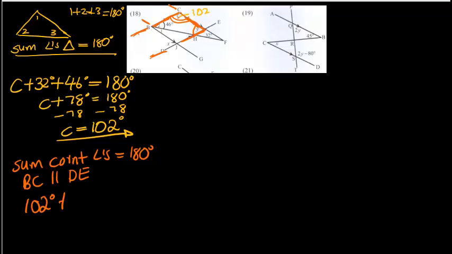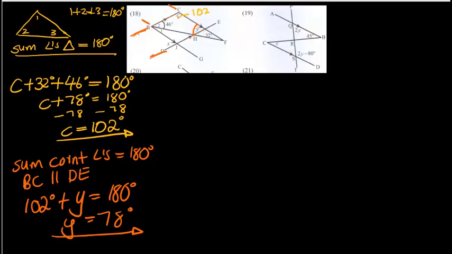I'm going to say the sum of co-interior angles are equal to 180 degrees, and I'm using the parallel lines BC is parallel to DE. Now I can write my sum out. C is 102. 102 degrees plus y is equal to 180 degrees. So y is going to be 180 minus 102, which is 78 degrees. So there we go. y is 78.